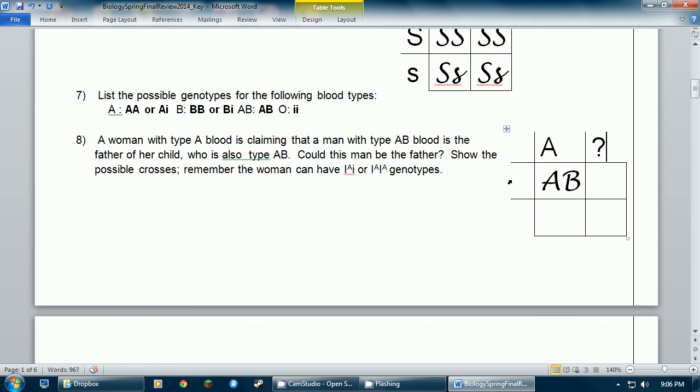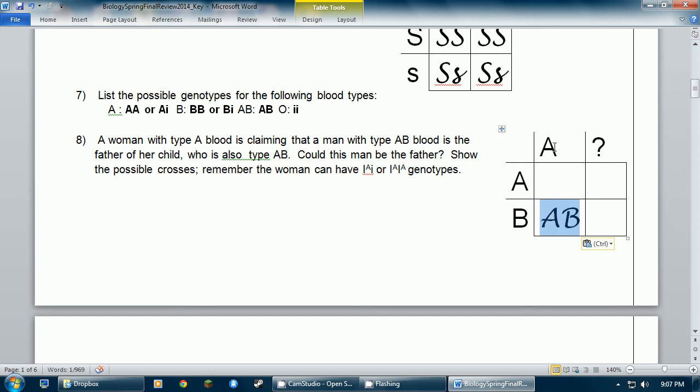A man with type AB blood will have an A or a B gene to donate. So this child will have to end up having come from here, where the A and the B have combined. They could have had a type AA child. Could this man be the father? Well, we will see that that is a possibility with her current genotype.